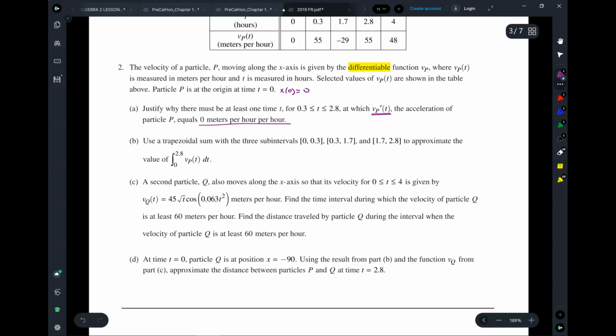So you say, since v p of t is differentiable, it means it is continuous. Since it's differentiable, comma, it is continuous.